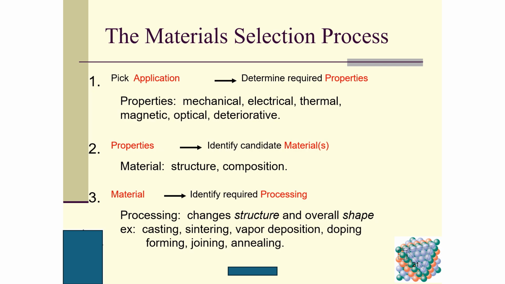For example, casting, sintering, vapor deposition, doping, forming, joining, and annealing. These are different processes, and they will result in different material properties. Even though we might have the same material, if we use different processing methods, we might get substantially different resultant material properties. So this one is very, very important.